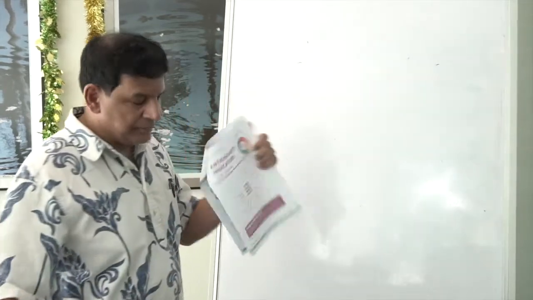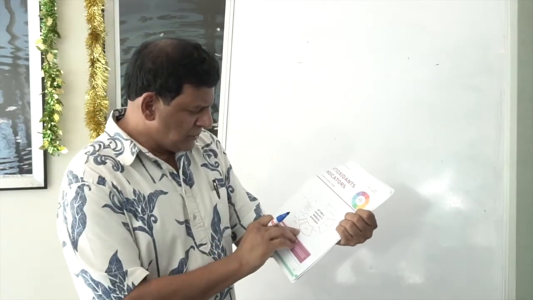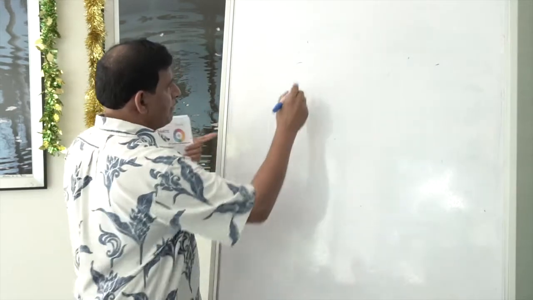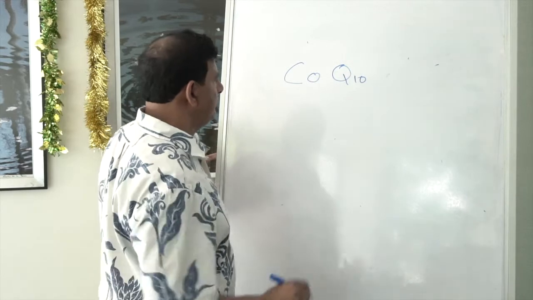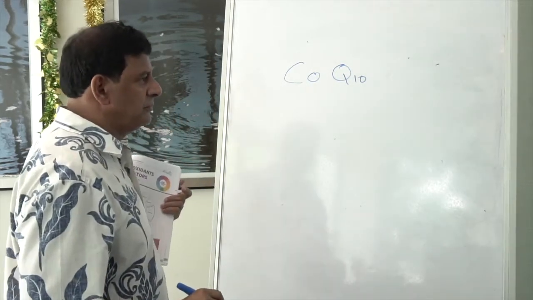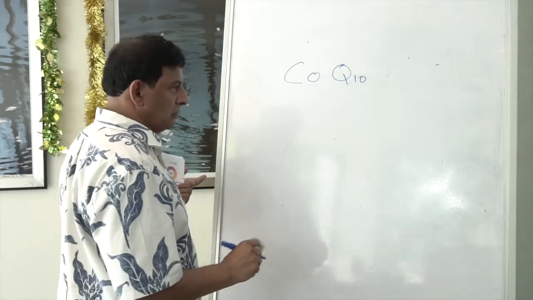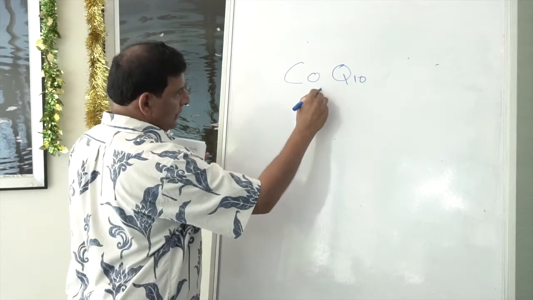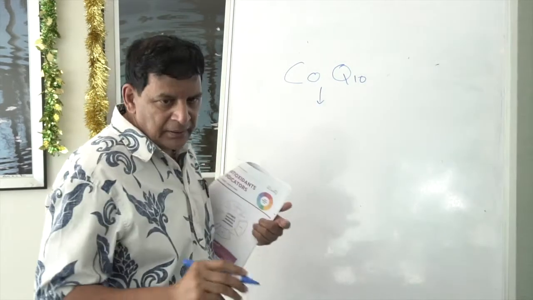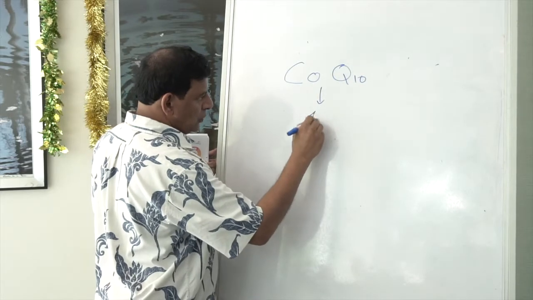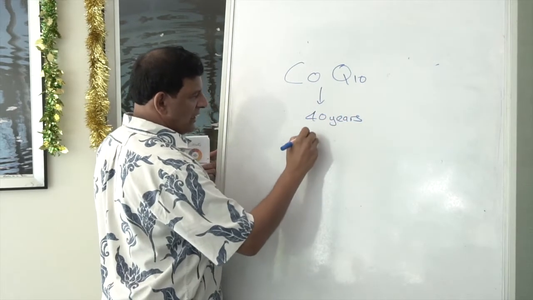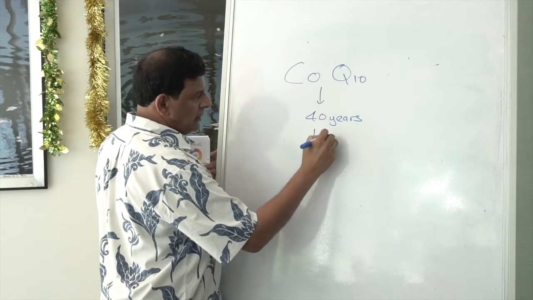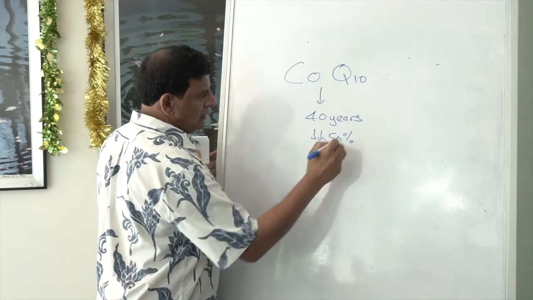The other common problem that you see is CoQ10. By the time we are 40 years old, most of us have come down by around 50% in our body.